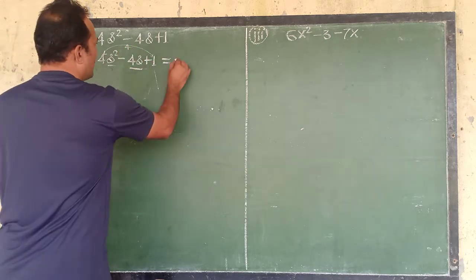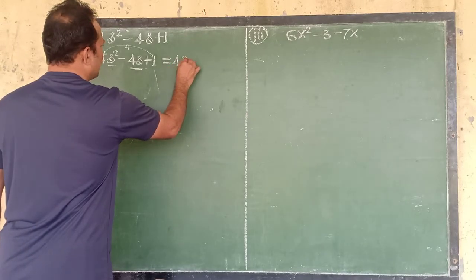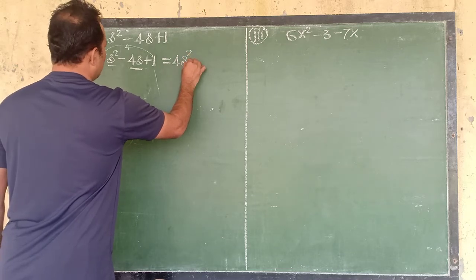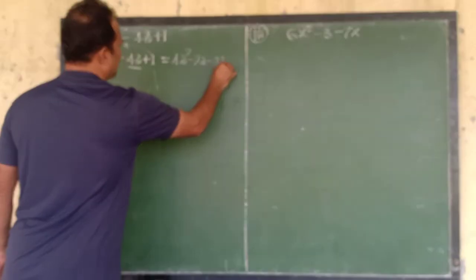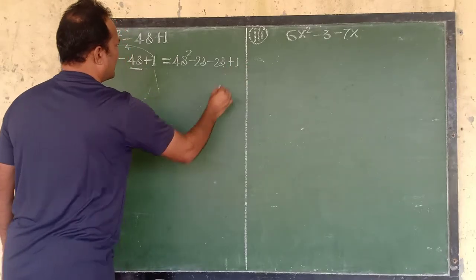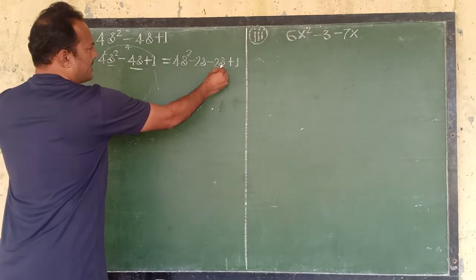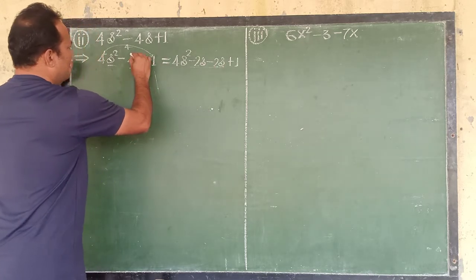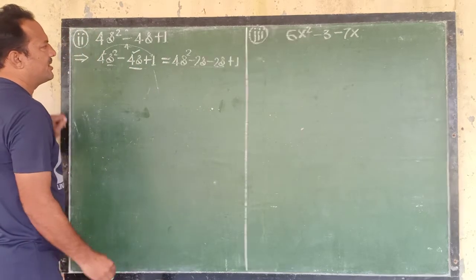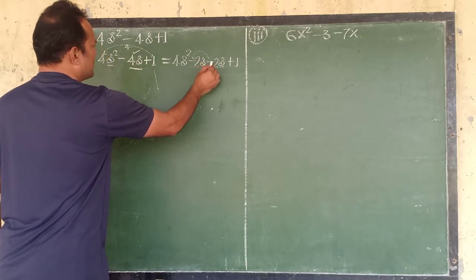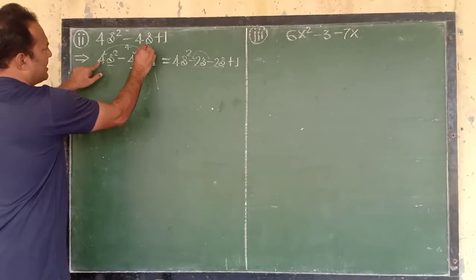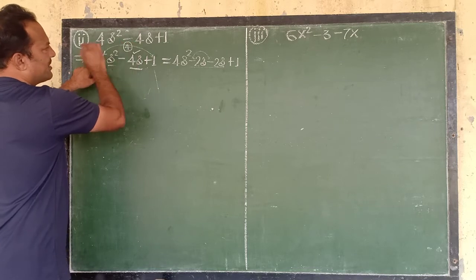Then look here, what factors we need: 4s square minus 2s minus 2s plus 1. If we add these two, we get minus 4s, and if we multiply these two, negative times negative is positive, 2 2s are 4, and 4 multiplied by 1 is 4.